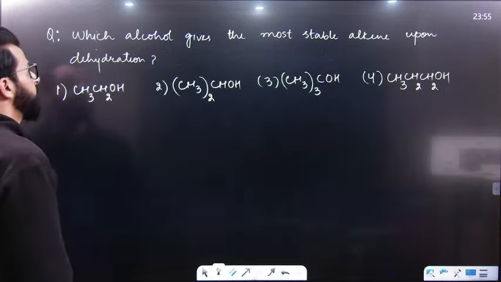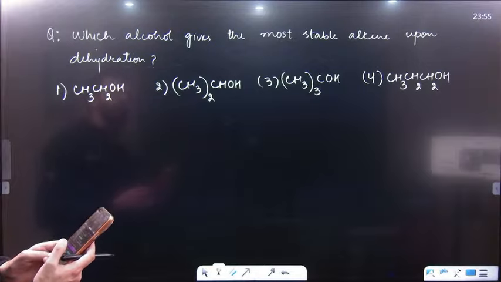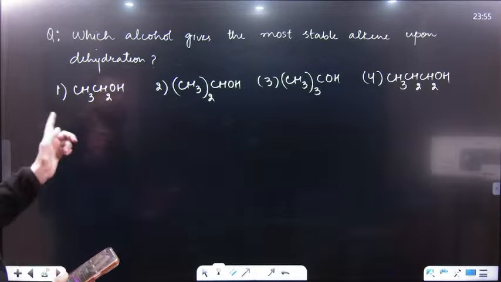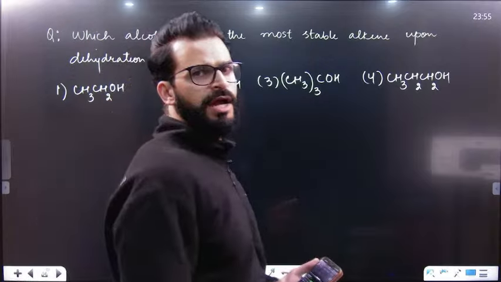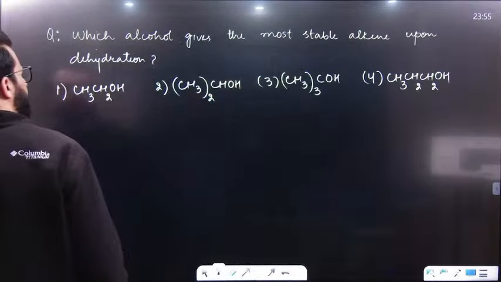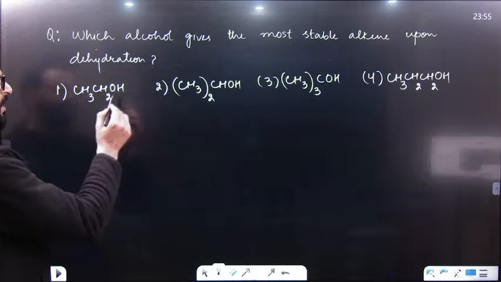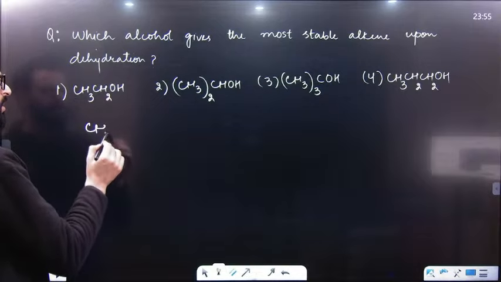Now, which alcohol gives the most stable alkene upon dehydration? So, you have to dehydrate them. If you remove OH from this position and H from this position, the alkene formed will be this.